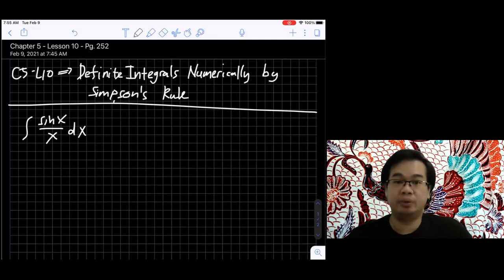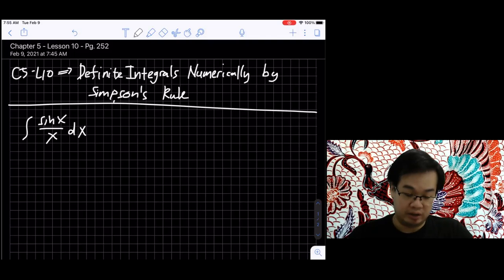And today we're gonna learn about the Simpson's rule method, which adopts a parabola, a quadratic function. So for Simpson's rule, instead of a rectangle or a trapezoid, we are going to split the area below the graph into several parabolas, quadratic functions.